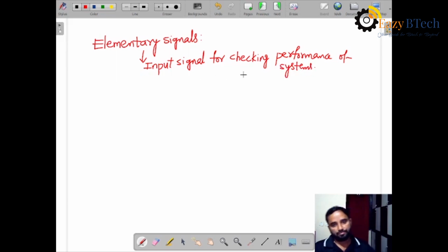So to check the performance of systems, we need input signals. Those input signals are elementary signals.